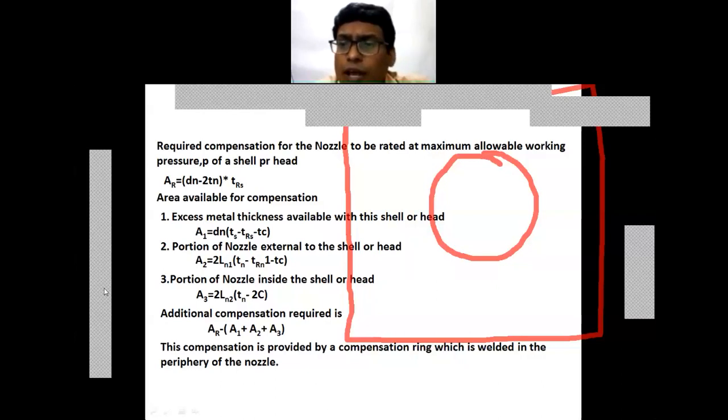So the nozzle itself has a certain thickness. This is the nozzle thickness I am going to provide.